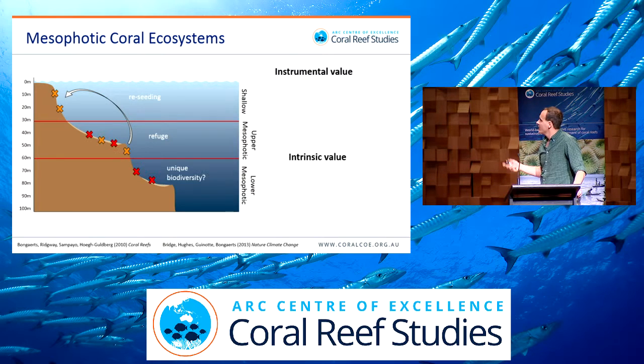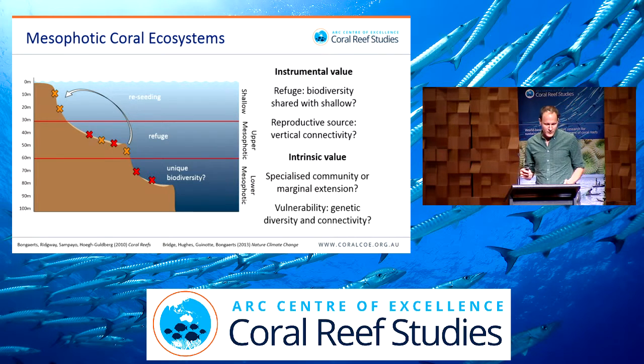But over time, as we've been working more on these deeper reefs, we obviously get confronted as well with some of the unique biodiversity that you find in these deeper reefs. And so there's also been a growing interest in the intrinsic values of these deeper reef ecosystems. Over the past couple of years, our main overarching questions that we're trying to get close to getting some proper answers to is figuring out to what extent these deeper reefs can act as a refuge, in terms of how much biodiversity really is shared between shallow and deep reefs.